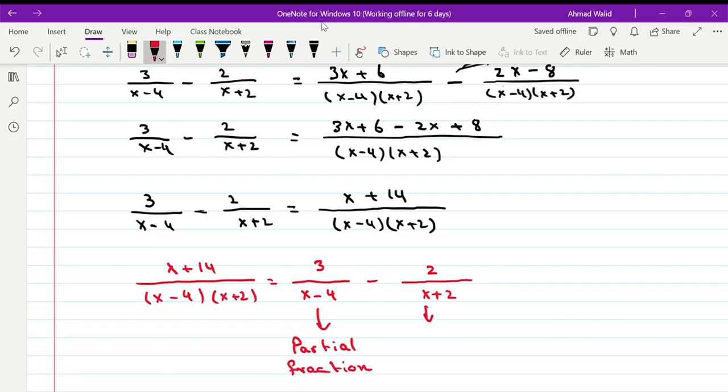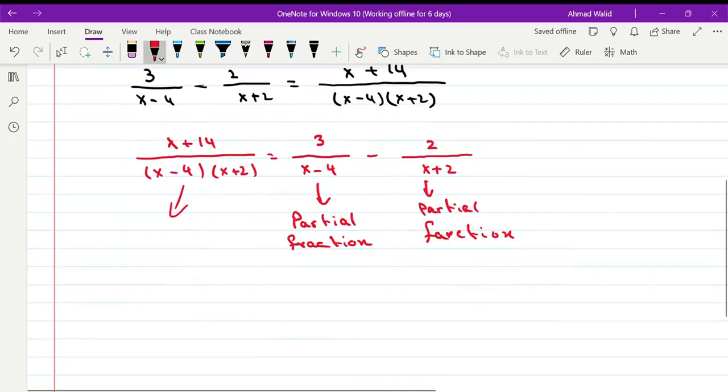This is a partial fraction, and this is also a partial fraction of which rational function? x plus 14 over x minus 4 times x plus 2. This is the idea behind decomposition of partial fraction, or the partial fraction decomposition.